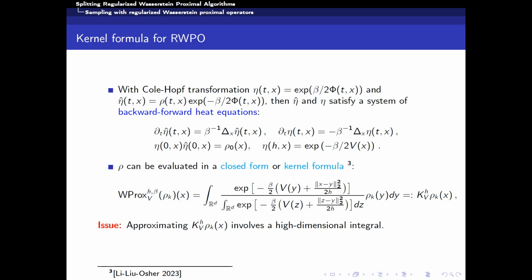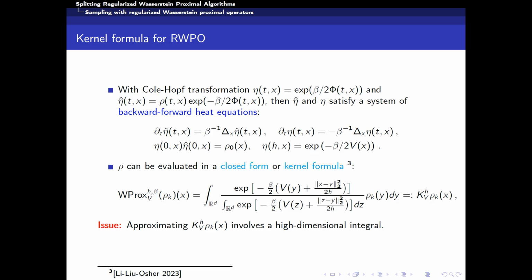And I guess in Tingwei's slides, you also see something very similar to this. We transform the coupled system of PDEs to this system of forward-backward heat equations. And the most amazing thing about the heat equation is that we know exactly how to approximate or evaluate its solution by using the heat kernel. That's the reason that in the next formula, you see a heat kernel over here. So essentially, this heat kernel comes from the solution of the heat equation over here.